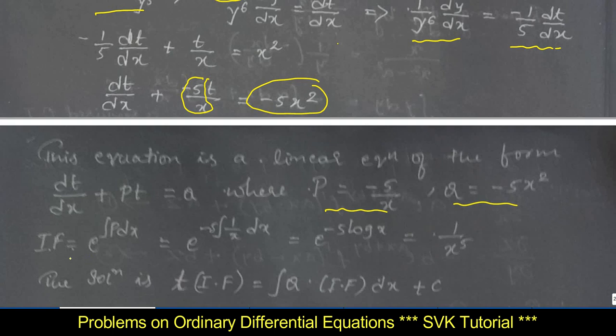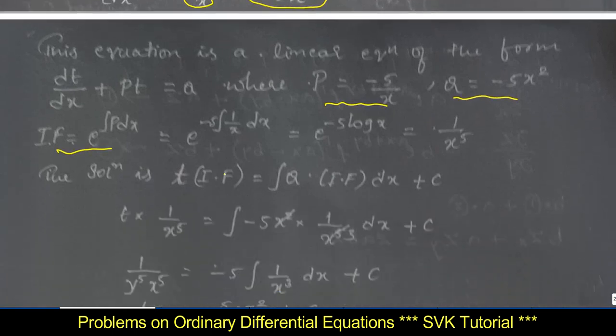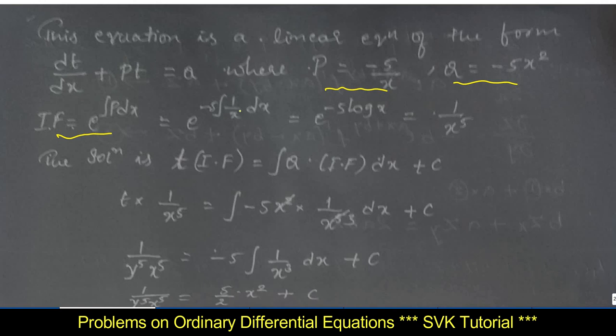Noting down the value of p and q, then we are going to find the integrating factor. Integrating factor is given by e power integral of p dx. So integrating p, we are going to get integral of 1 by x is log x, which is multiplied by minus 5.